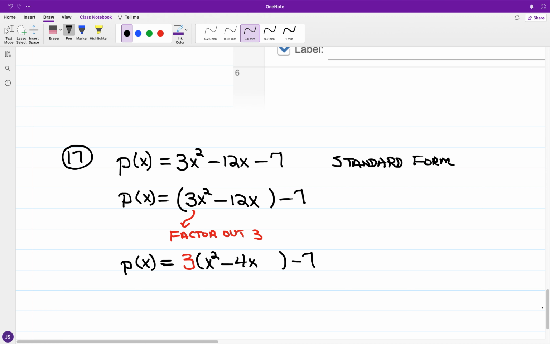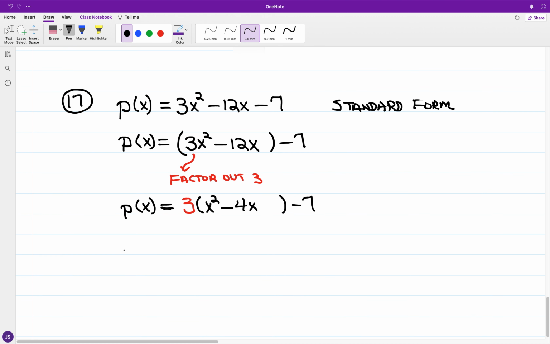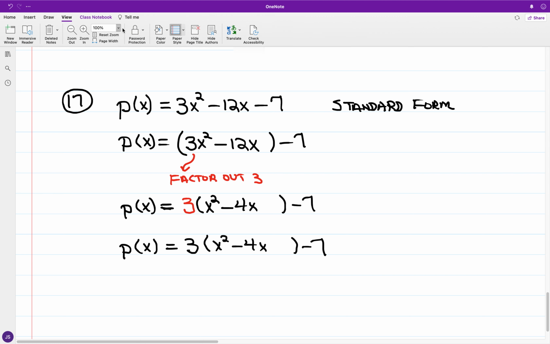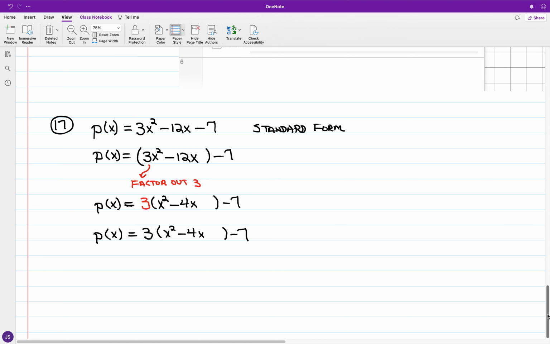Then we have -7. And with the leading term inside the parentheses at x squared, I can now perform the completion of the square. So 3 times the quantity of x squared minus 4x.